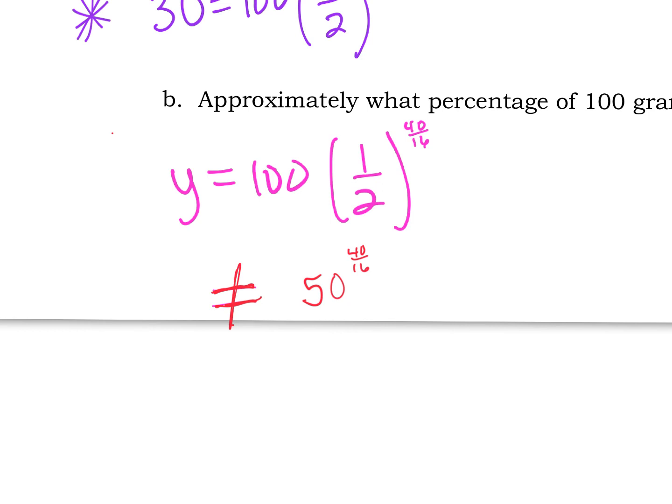Think about our order of operations. Order of operations tells us if we have a number that's getting raised to an exponent, we deal with that first, then we multiply. So that 1/2 is the only thing getting affected by that 40 over 16. So we have to do 1/2 to the 40 over 16 power, and then, oh, by the way, we're multiplying by 100. That's what that means in terms of the order of the math, okay?